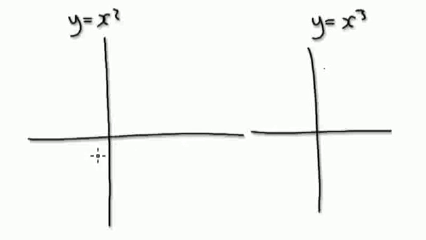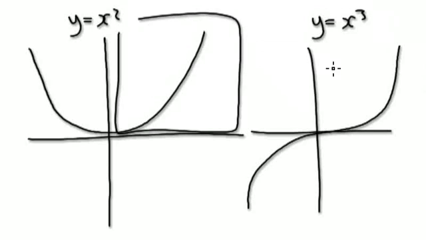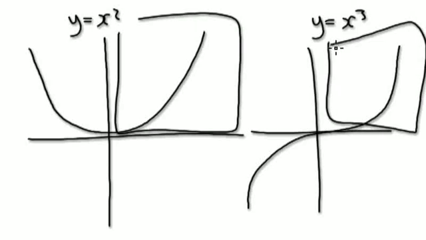When you sketch it without the scales, people would sketch it like this. And when they sketch x to the power 3, they would sketch it like this. Now, without the scale, this bit here looks so much similar to this bit here. So people think it's the same, but it's not.